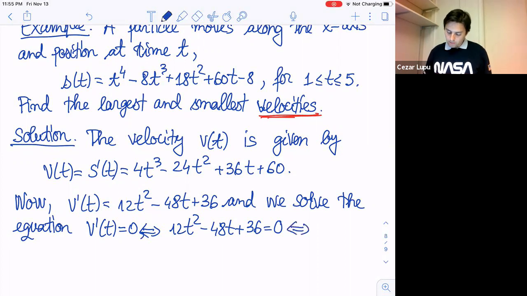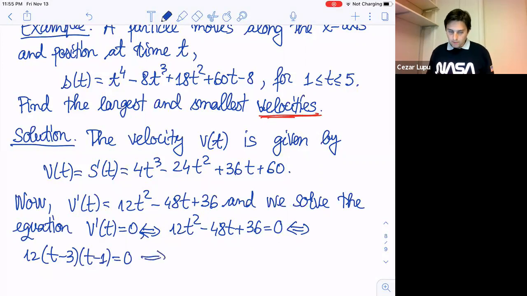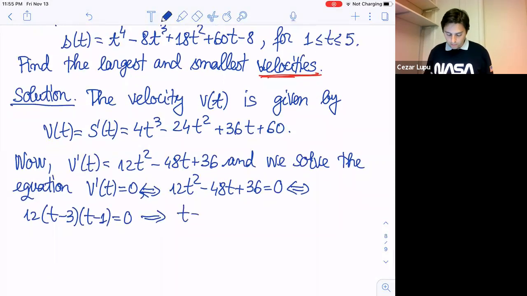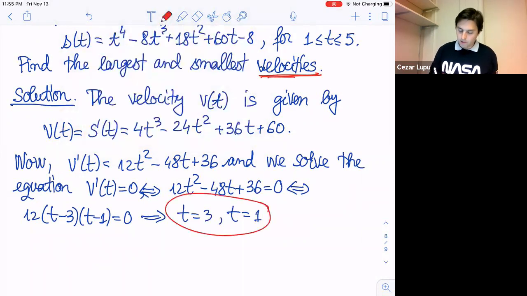So this is equivalent with 12 times t minus 3 times t minus 1. So this implies that t equals 3 and t equals 1. These two are what we call the critical numbers.